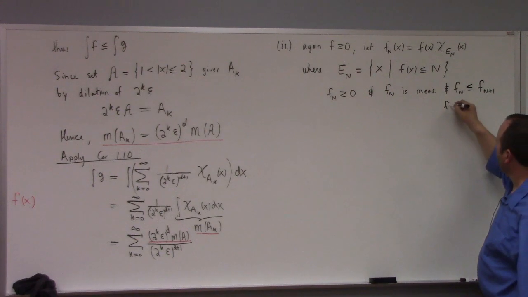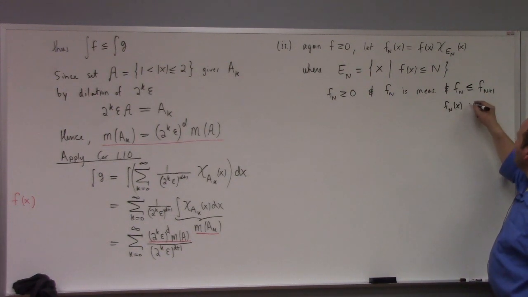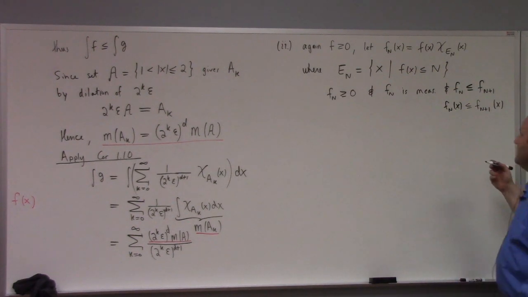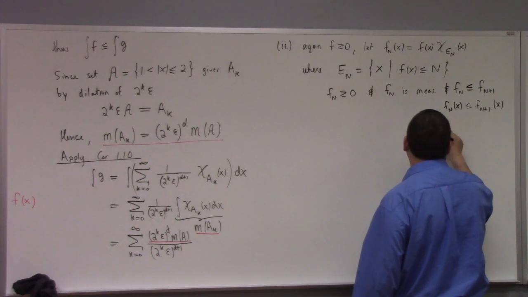Why is fn of x less than or equal to fn plus 1 of x? I guess there are two different kinds of x's to consider, right? What if x is an element of En, then what?